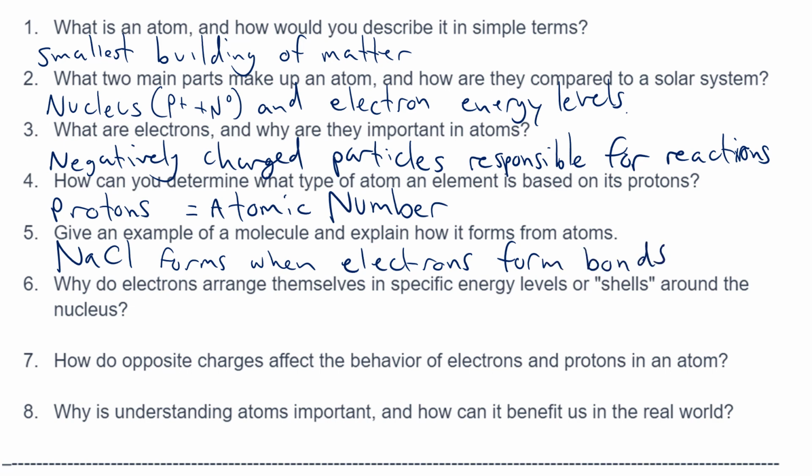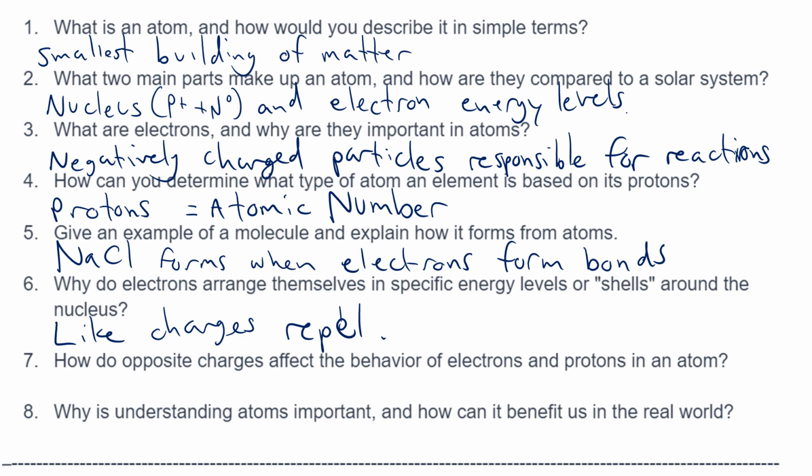This next question is wonderful. Why do electrons arrange themselves in specific energy levels or shells around the nucleus of the atom? Because the like charges repel. And you guys have probably used a magnet before and kind of tried to push it together, and you saw that it pushed away from the other magnet.